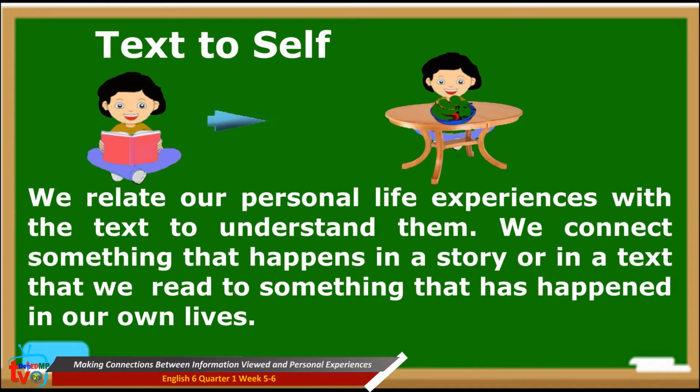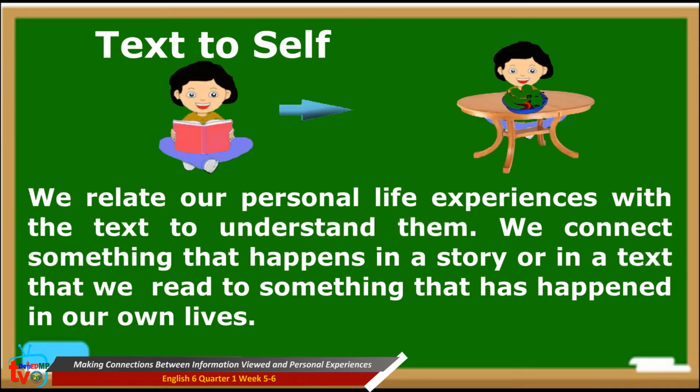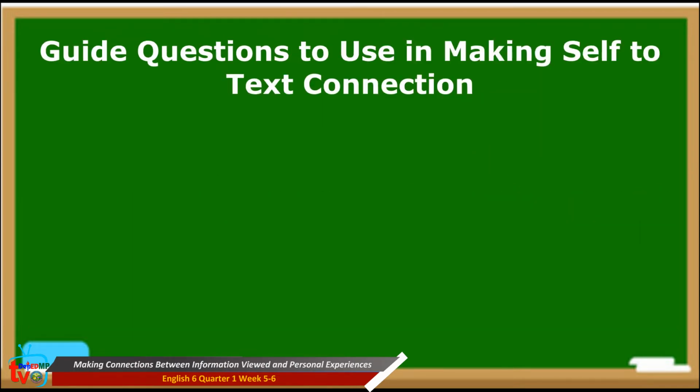In this type of connection, we relate our personal life experiences with the text to understand them. We connect something that happens in a story or in a text that we read to something that has happened in our own lives. Here are some guide questions to use in making self-to-text connection.